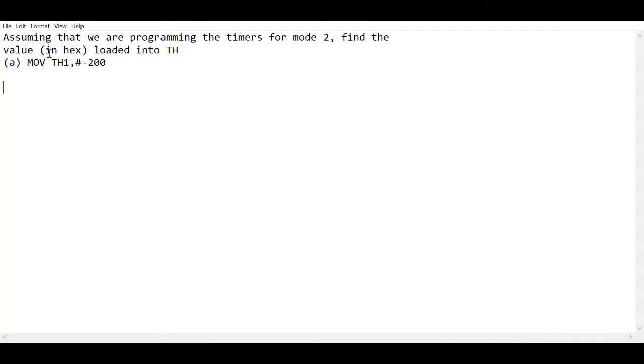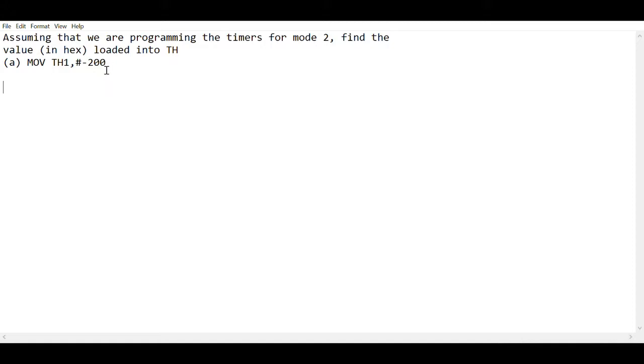We want the value in hex that is moved to TH1 if you give such a value. Since H is not written, this is a decimal value and also it's given as a negative value. So first of all you have to find the equivalent hex of this minus 200.